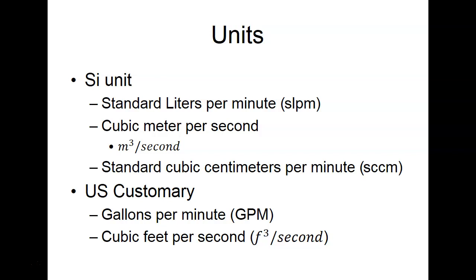We've seen this before, on fuel pumps. Your compressors are rated in gallons per minute, which tells you the speed of the rate, right? And then cubic feet per second. It would be the same thing for the US customary unit.